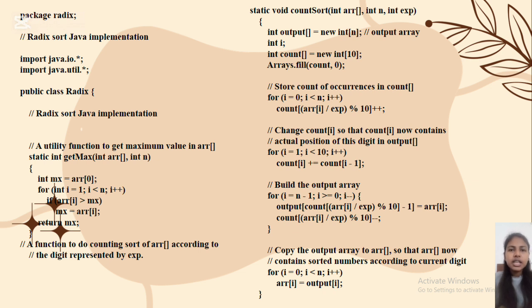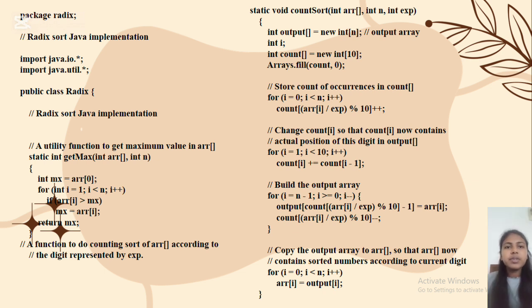They are stored as integer values. The array is the array to be sorted, n is the size of the array, and exponent represents the current digit place, whether it is the unit place, tens place, or hundreds place.